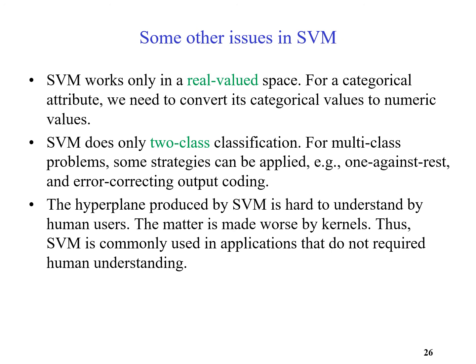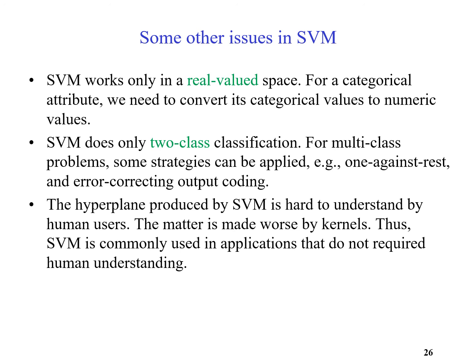It doesn't process symbolic data, so everything should be a real number or integer. That's the first issue. And SVM works on binary classification only. That's another issue here.